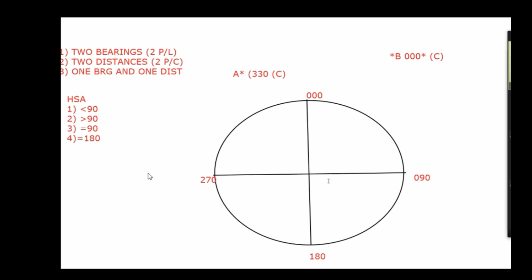Whenever you take a bearing, always consider the center of the circle as your vessel. The bearing is taken from your vessel to the lighthouse. You are on the vessel, and the vessel to the lighthouse is the bearing.